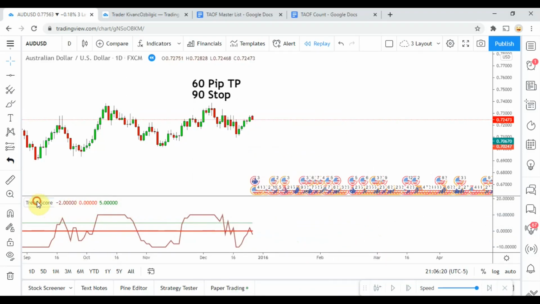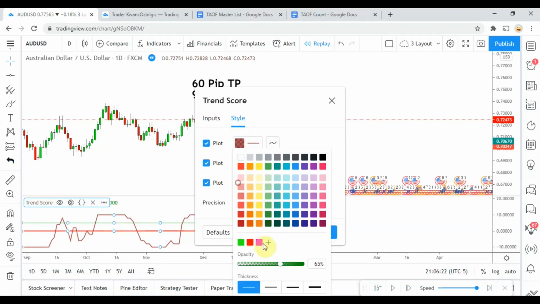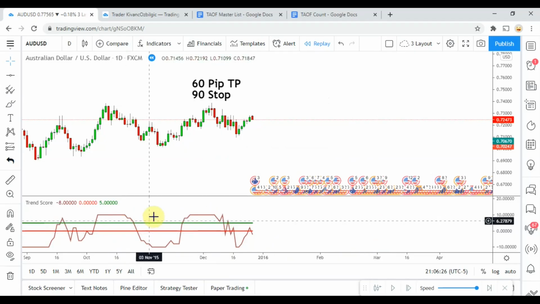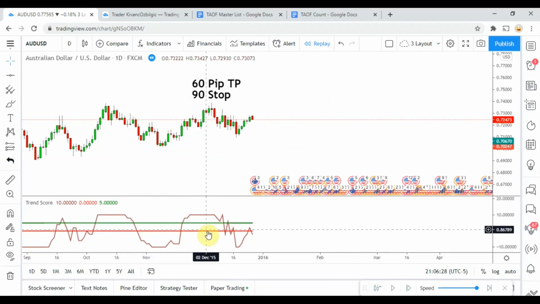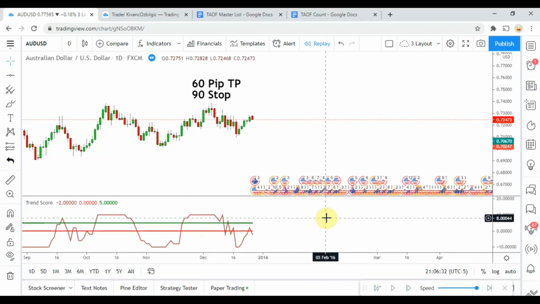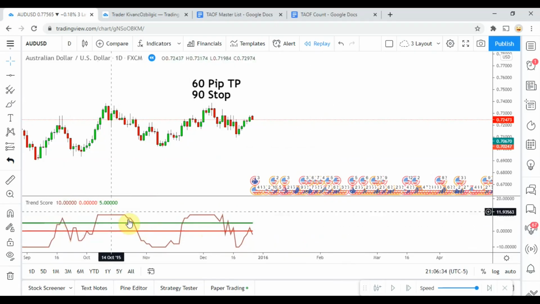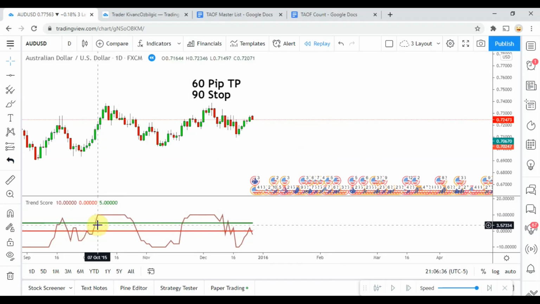There we go. That made it a little bit more visible. So you see this green line and the red line. Those are a designation of the trend.